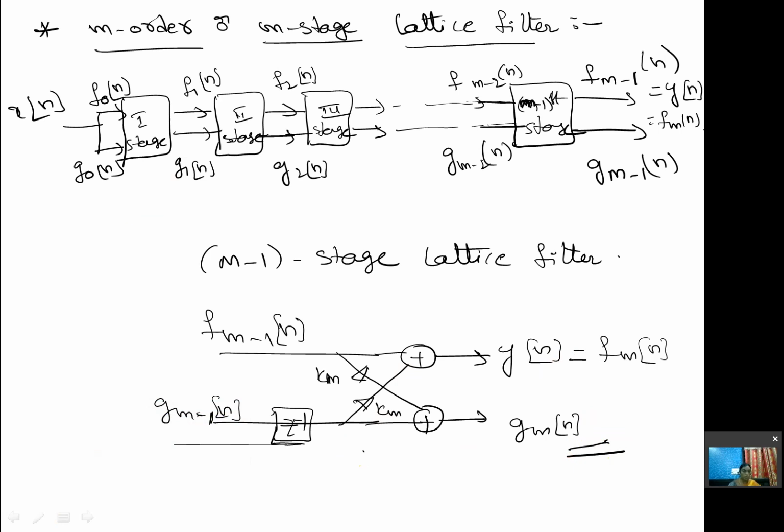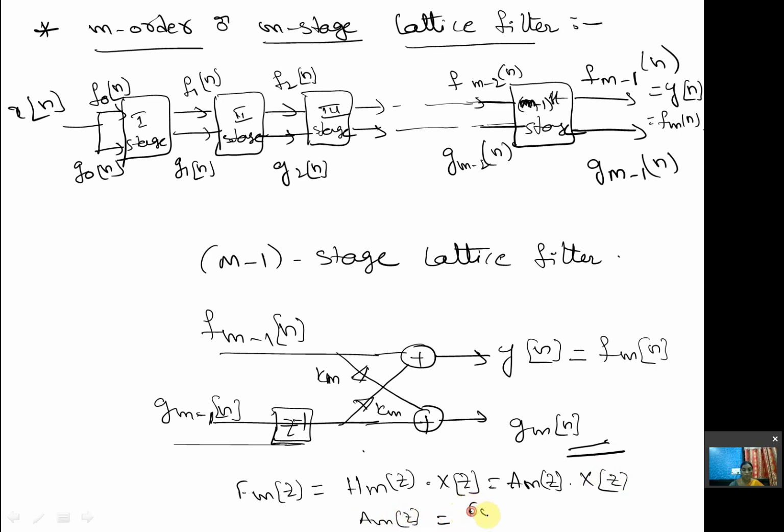Okay, now here you can write the F m of Z also. What is that? H m of Z into X of Z. Here H m of Z is A m of Z into X of Z. Now what is the A m of Z here?